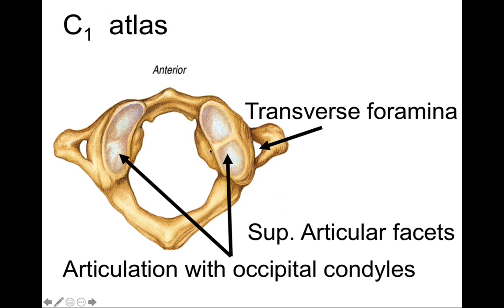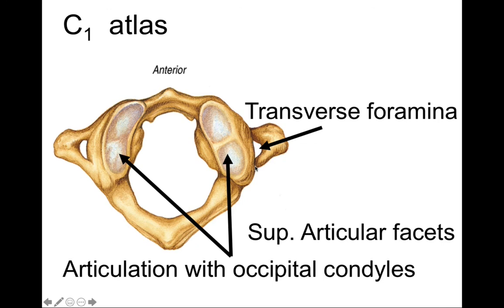The atlas will not have a vertebral body, but it will have superior articular facets that will articulate with the skull. Specifically, the occipital bone of the skull, with its occipital condyles, will sit nicely in the superior articular facets of C1. We're not going to have a very pronounced spinous process, and most of this vertebrae is going to make up the ring shape to allow for the spinal cord to project into the vertebral canal.